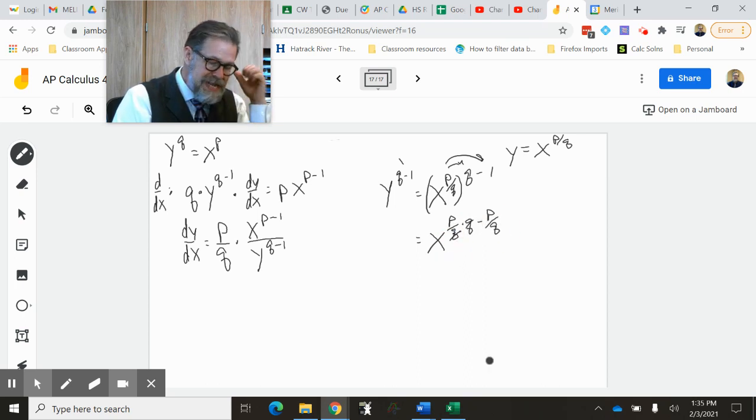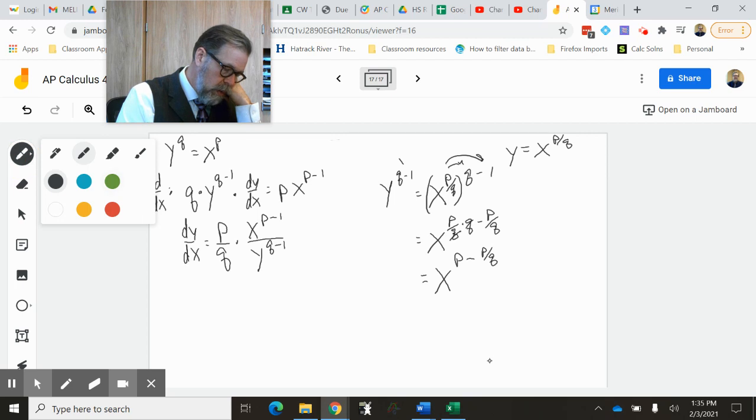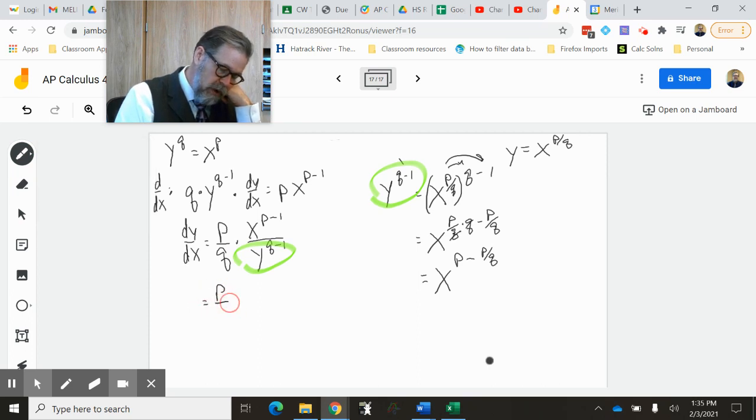These q's cancel or reduce, depending on how you want to say it, and I get x to the q minus p over q. So that's y to the q minus 1, which is right here. So let's do a little quick substitution. The derivative is p over q times x to the p minus 1 divided by x to the q minus p over q.